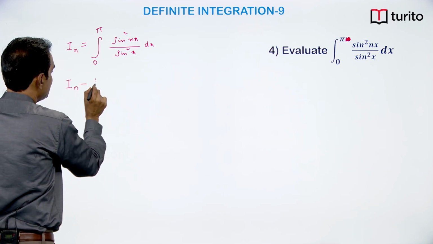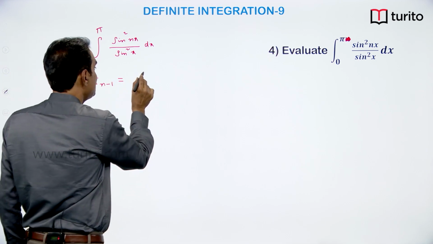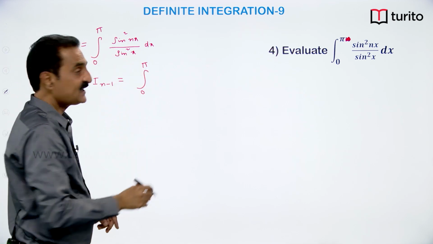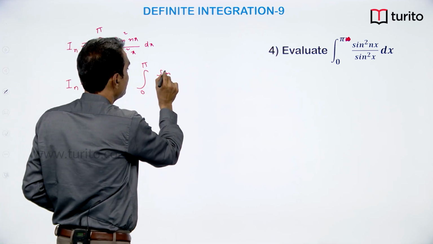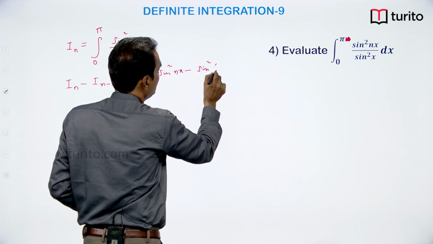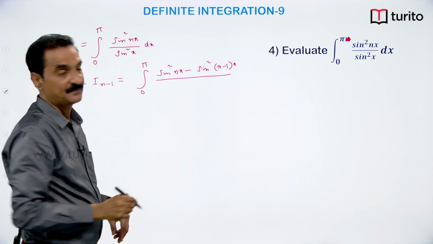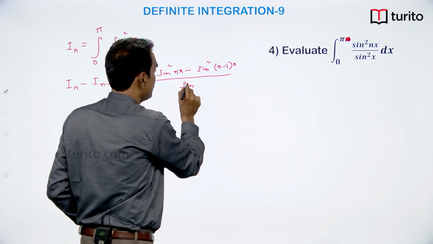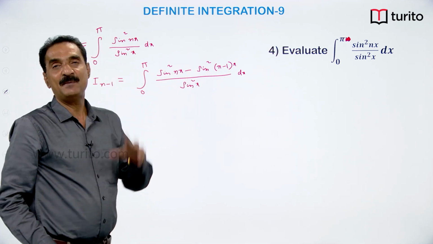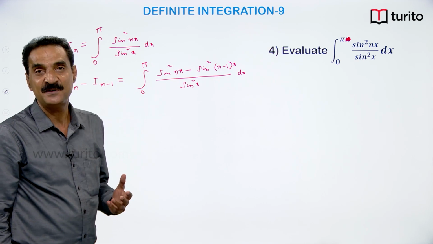In minus In minus 1 will be integral 0 to pi of sin square nx minus sin square (n minus 1)x by sin square x dx. What is sin square a minus sin square b? You know the formula, sin square a minus sin square b is sin(a plus b) into sin(a minus b).